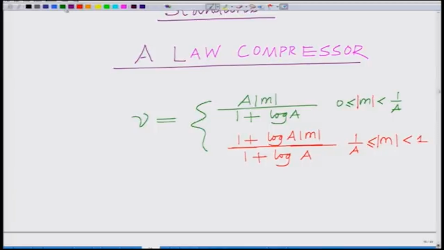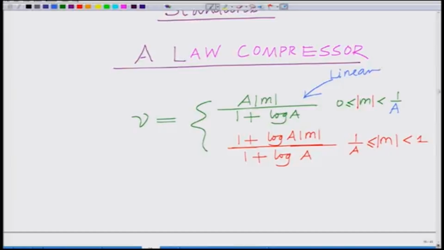Okay. Now, we can see in this A law quantizer that initially, in the region 0 less than or equal to magnitude m less than 1 over A, it is linear.